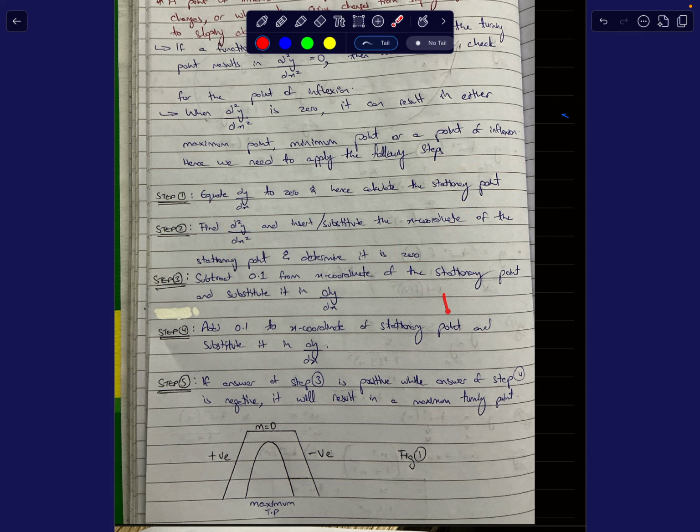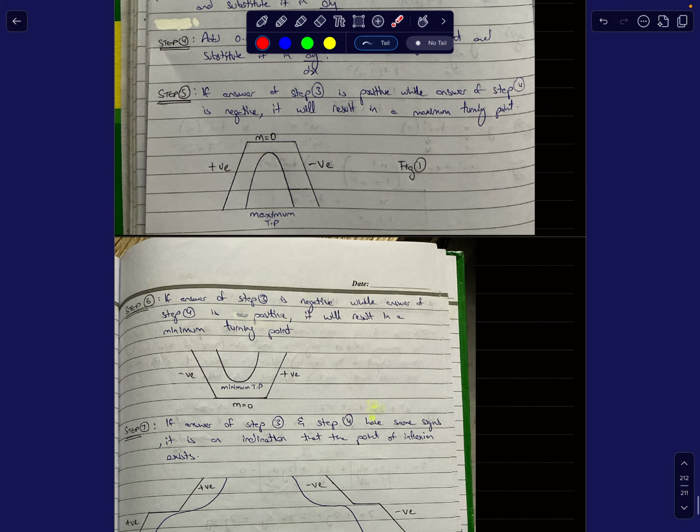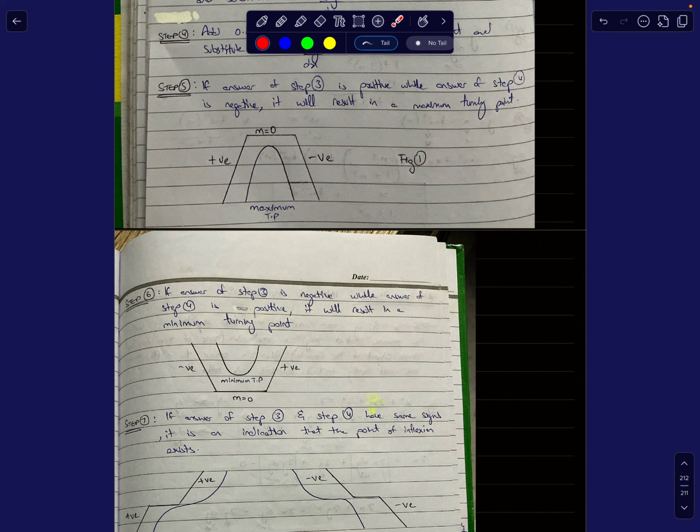Once you have found the x coordinate, check immediately after and before the x coordinate and substitute those values in the differential so as to determine the sign of the derivative immediately before and after the turning point.